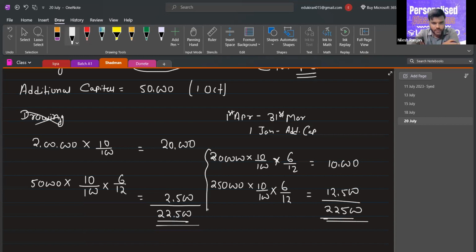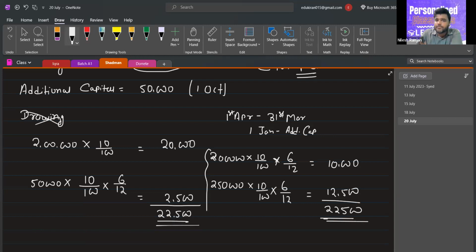Noted. Now, let me tell you why I prefer this method. When there is a decrease in the amount of capital, in that case we have to calculate interest and then deduct it from this amount.